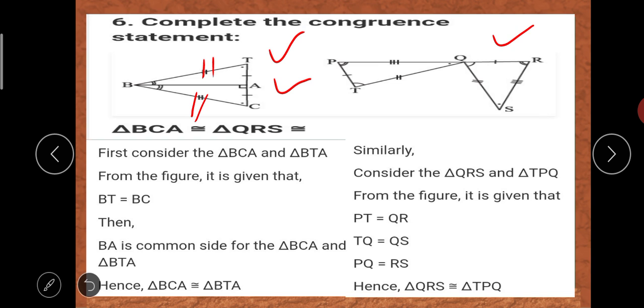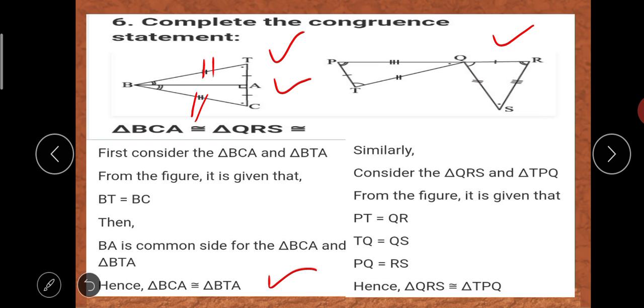And here BA is a common side, that we will find BA in both the triangles. That means it is a common arc. So here we can say that triangle BCA is congruent to triangle BTA.